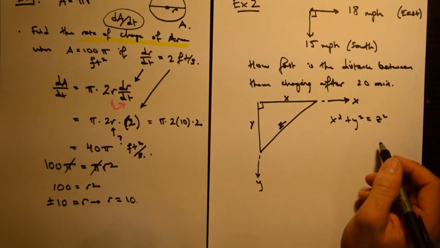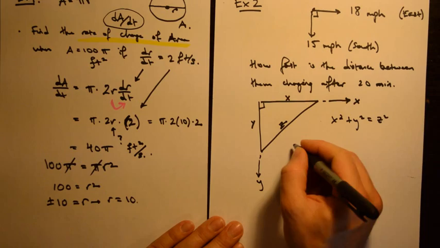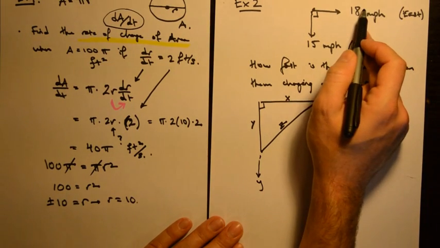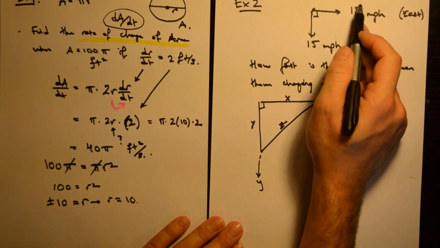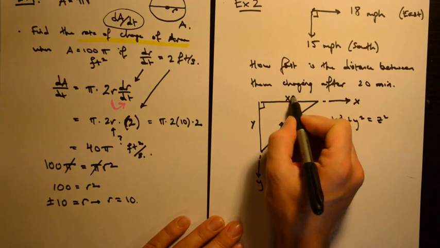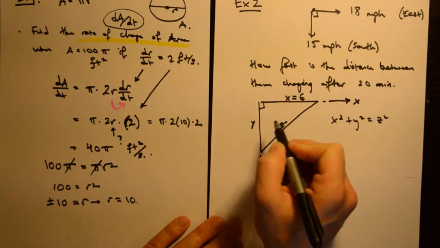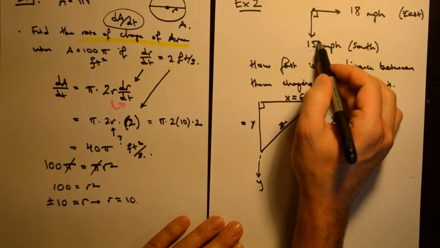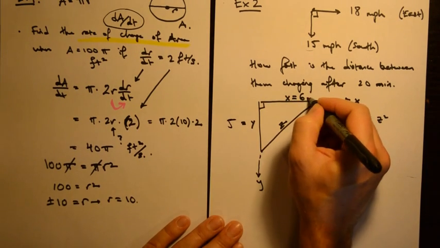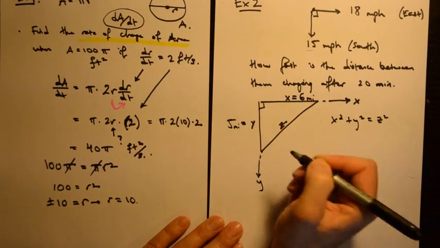So after 20 minutes, if you go 18 miles per hour for 1 hour, you'll go 18 miles. If you go 18 miles per hour for 20 minutes, you'll go 1/3 that distance. And so here, x would be equal to 6, and y would be 1/3 of 15 miles, which is 5 miles. Okay, so this would be 6 miles, and this would be 5 miles.